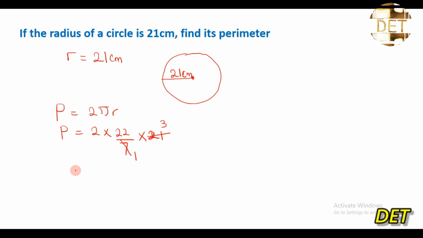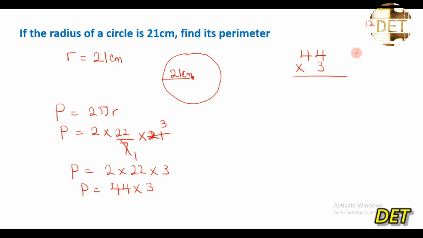So my perimeter will be equal to 2 times 22 times 3. So 2 times 22 will give me what? 44. So I now have 44 times 3, right? So 44 times 3 will give us what? This 3 times this 4 will give us 12.